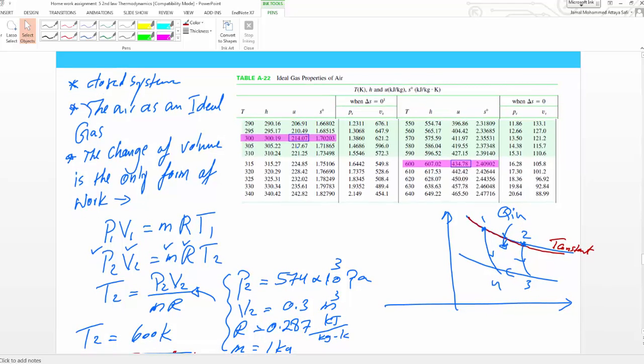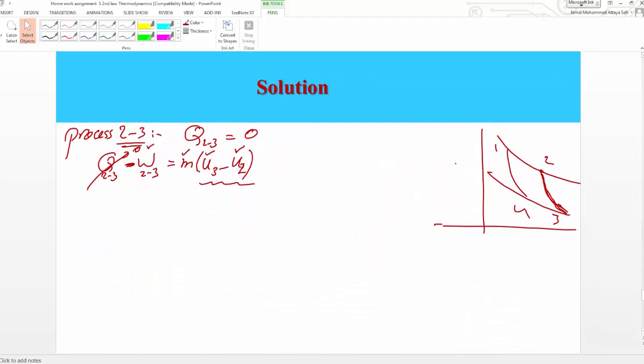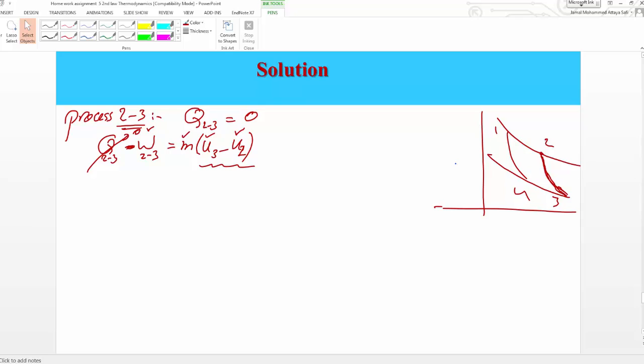But for now, we need to find the internal energy. So at 300, this is the internal energy as it reads, and at 600, because this is the temperature that we have, this is the internal energy we read. So if we do so, we can calculate the work from 2 to 3. So I can write those values, so you can track them.